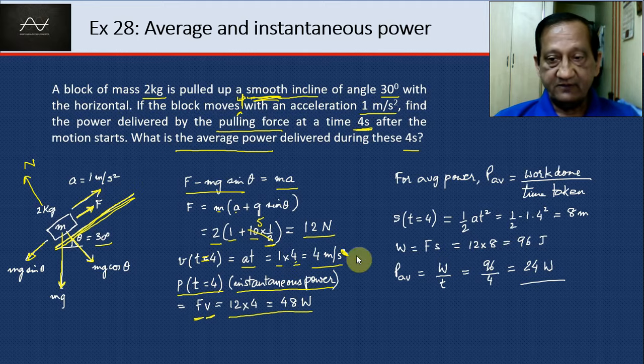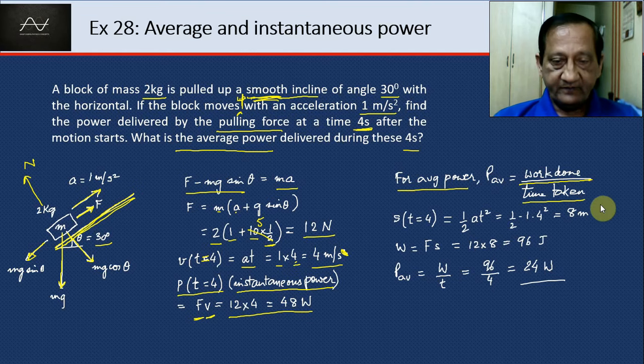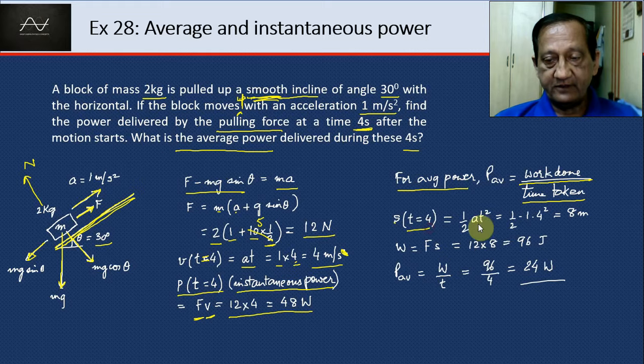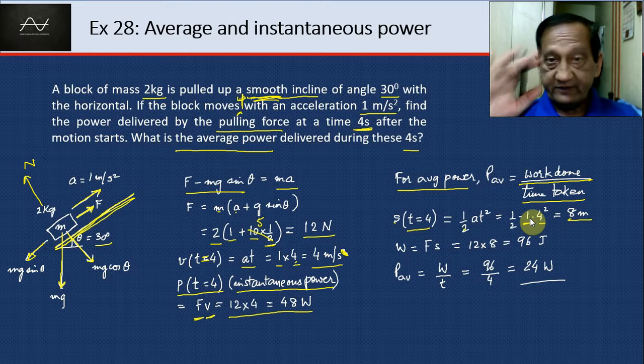Whereas for average power, we'll have to calculate the total work done divided by the total time taken. For work done, we need to know the displacement. The displacement at t equal to 4 is ut plus half a t square, but u is 0. Half a t square, 8 meters. The body goes 8 meters in 4 seconds.